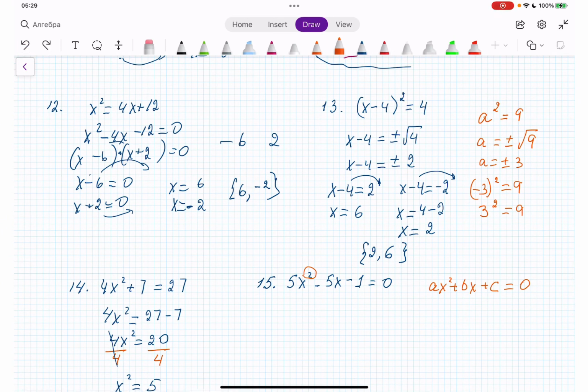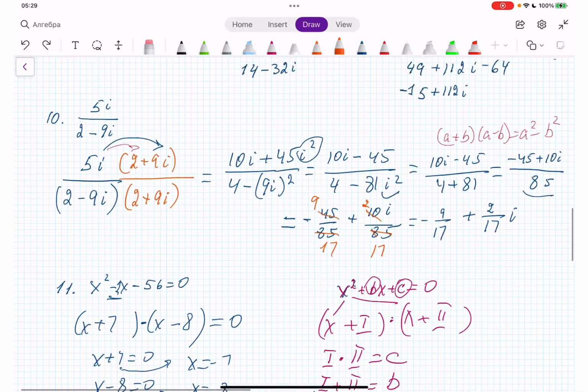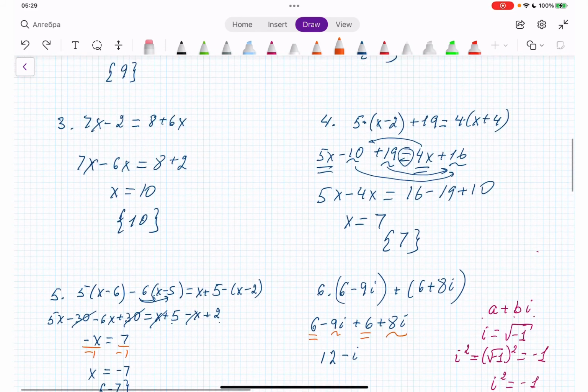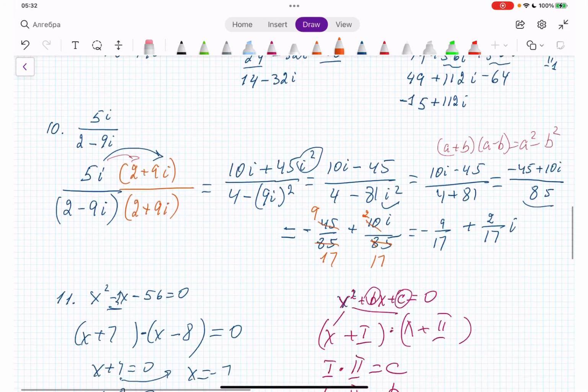And if I look higher, above, at the problems we solved, let's take number 3 or number 4, the highest degree is 1, right? Therefore, we ended up with 1 solution. So based on the highest degree of the equation, you can figure out how many solutions the equation has. Let's move back to our problem.